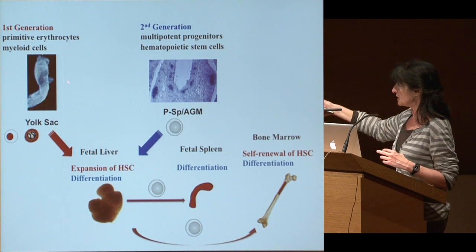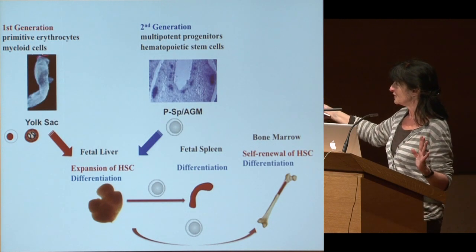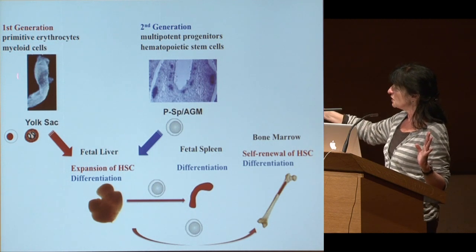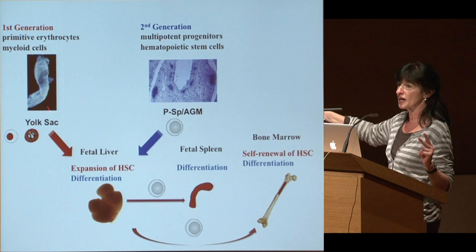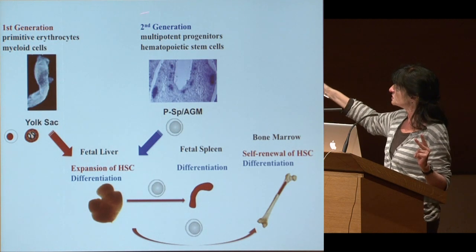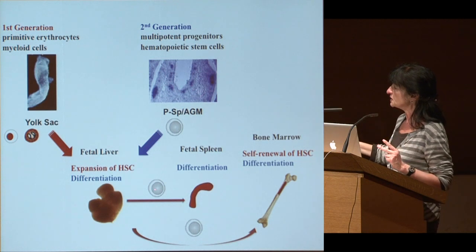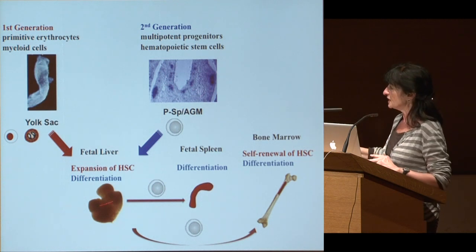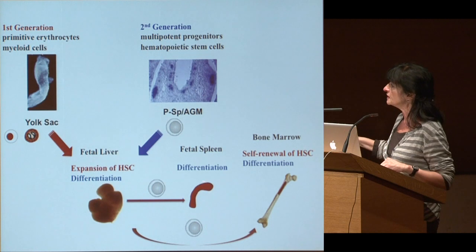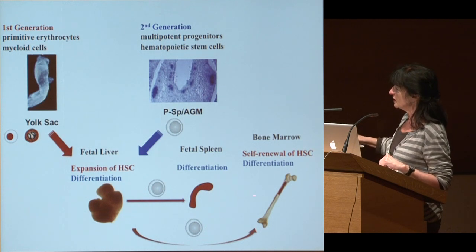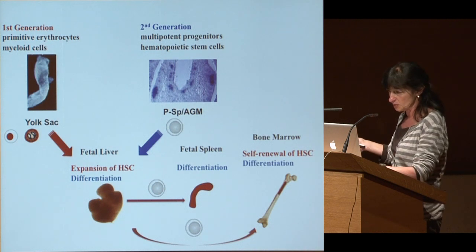And this is the summary of what I was trying to tell you. There is a first generation of cells in the yolk sac. We don't think that those will make hematopoietic stem cells. A second generation, we think those will make hematopoietic stem cells. Now in the fetal liver, those are going to expand and differentiate, colonizing the bone marrow and the spleen, and there they don't expand, they just self-renew.